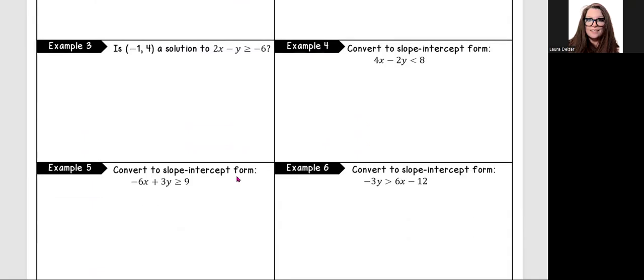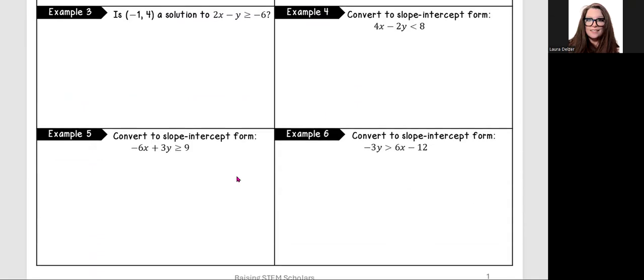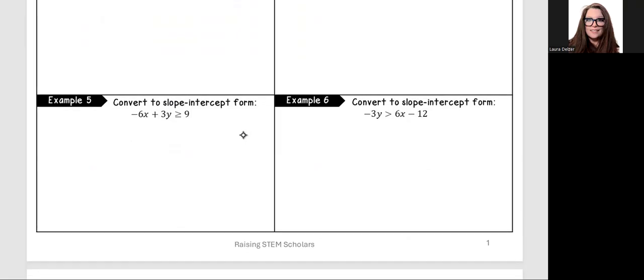Let's go to these last two. So again, it's asking us to convert to slope-intercept form. So I'm going to do this. It's got -6x plus 3y is greater than or equal to 9. Remember, slope-intercept is going to be something like this.